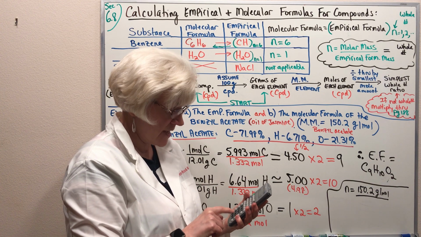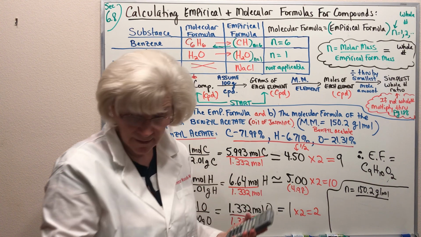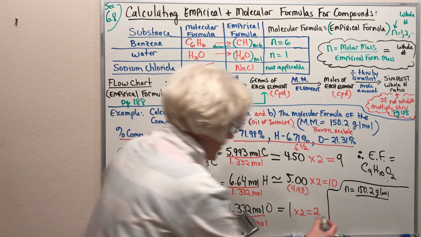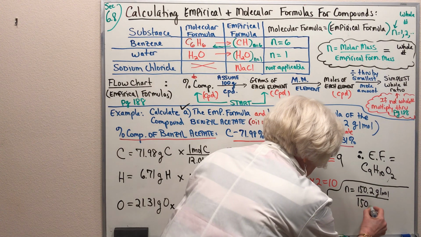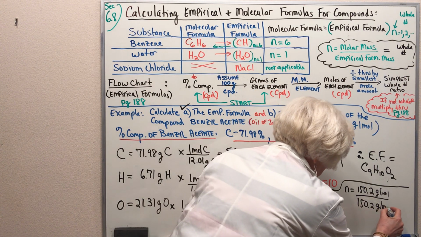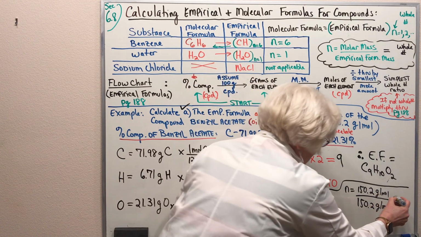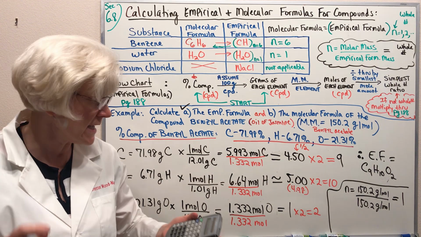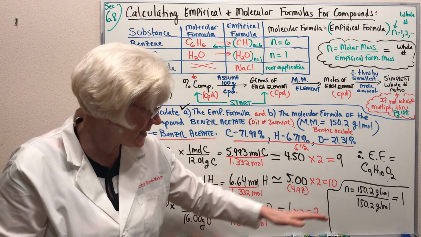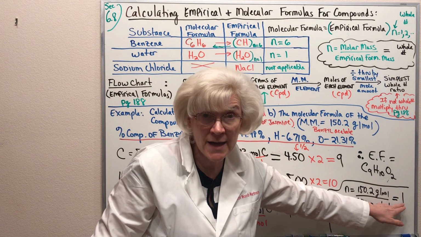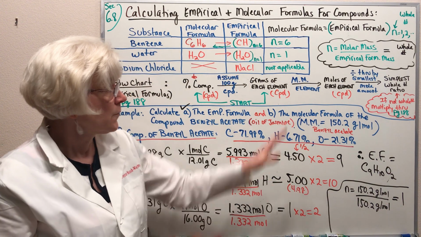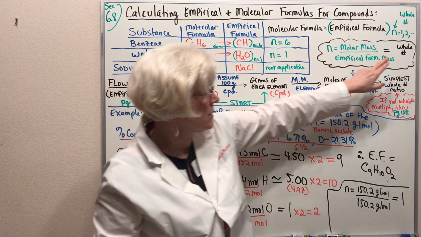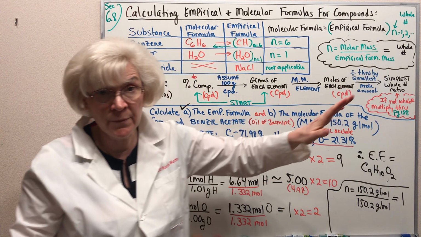And when I do that, I get, lo and behold, 150.2 grams per mole. What that means is that the value of N is 1. And I need to state here, it must be a whole number. Whenever you do this calculation, you must get a whole number.